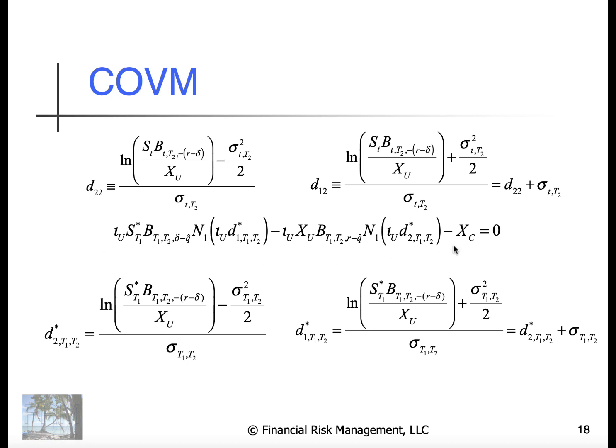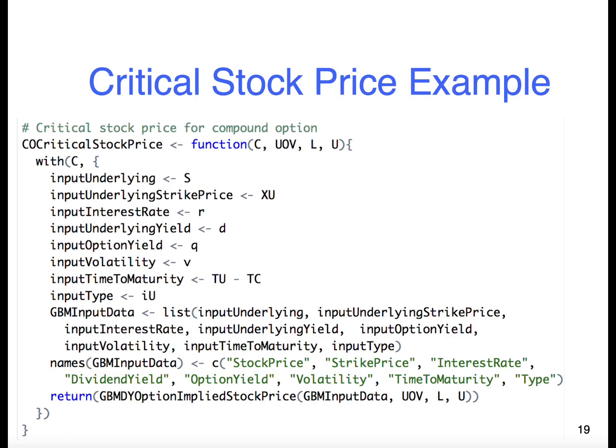The conditions are given here. What is the equilibrium stock price that makes the call option, or the option at the expiration of the compound option, equal to the compound strike price? And so once I've solved for that implied parameter, I can easily use it to compute the other parameters needed.